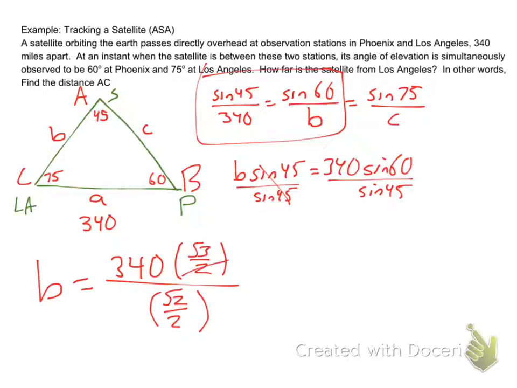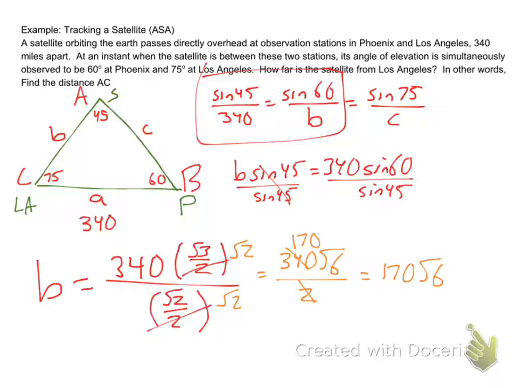You're technically dividing both the top and bottom by a half. Gone. So we probably should then at that point multiply by square root of 2, square root of 2. So 340 square root 6 all over 2. Oh, wait a minute. This and this cancel, making 170. There's the exact answer, 170 square root of 6.